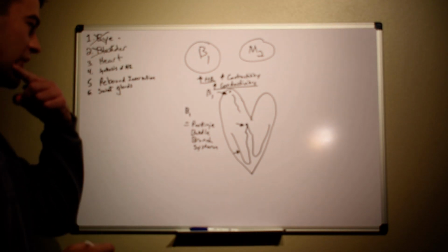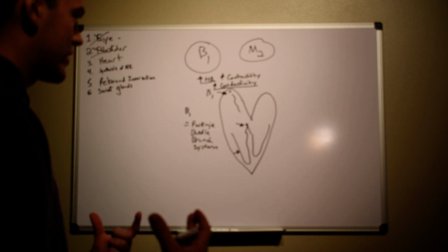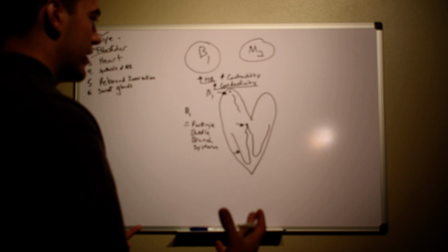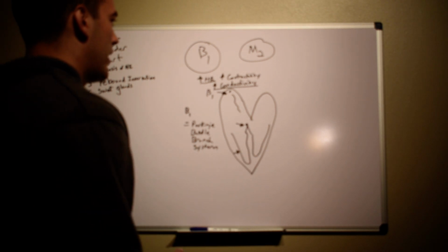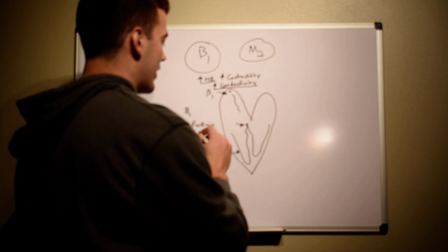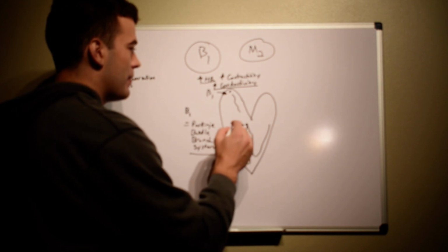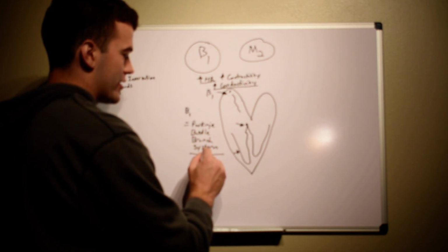And they're going to allow those cells to conduct electricity better, so that they can force the cardiac muscle around them to contract. And when the M2 receptors are active, they are going to be in contrast to this, because they are not going to act on the Purkinje fibers in the bundle branch system.